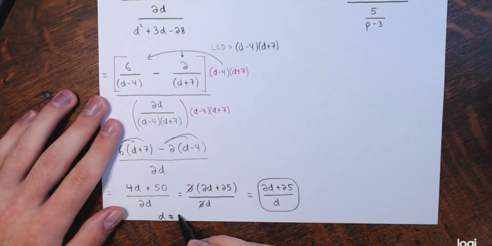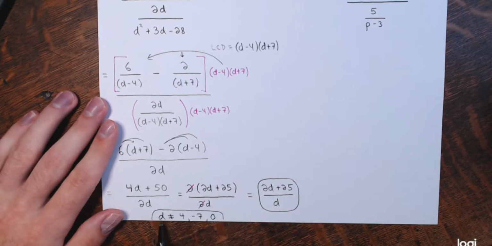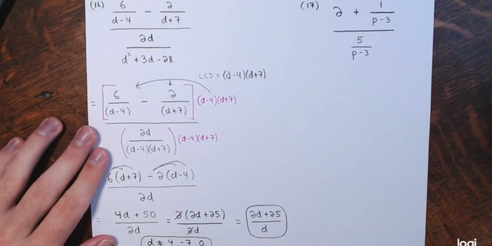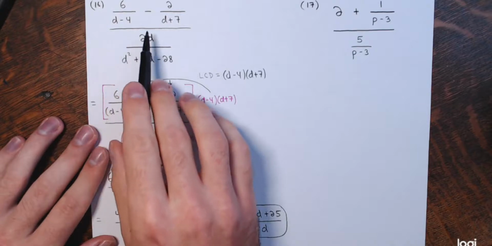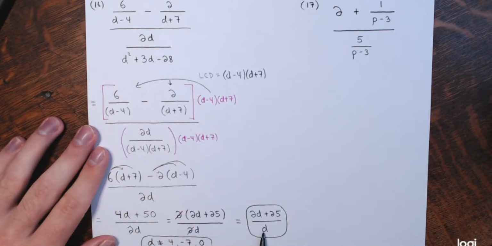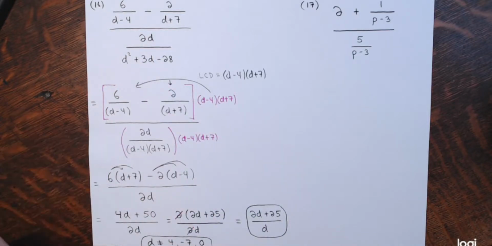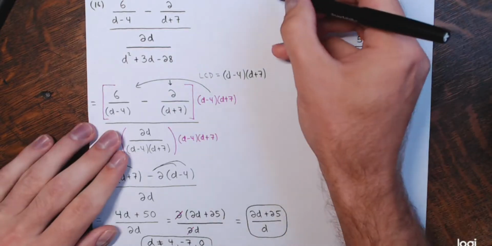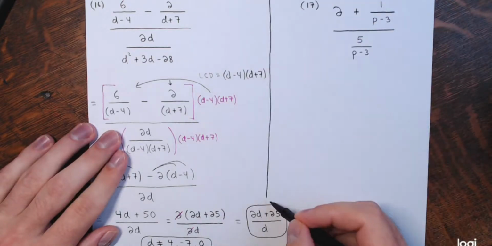So d cannot be replaced by positive 4, it can't be replaced by negative 7, and it can't be replaced by 0. All right, but anything else would be fine. Replace d with any other number, and the value of the original expression will be equal to the value of this last expression, again, if you did everything correctly. And I leave it to you to test some values of d that you want.